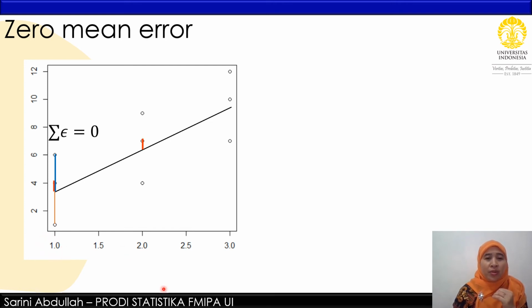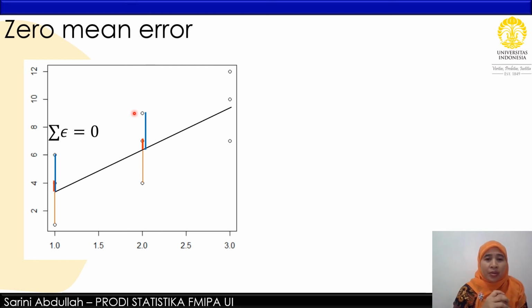Now we move on to the next value, x equals 2. There are 3 observations here. The line does not pass through any of these observations, so there's an error from the line in predicting the first observation with x equals 2. There's also an error when predicting the second observation, and also when predicting the third observation.